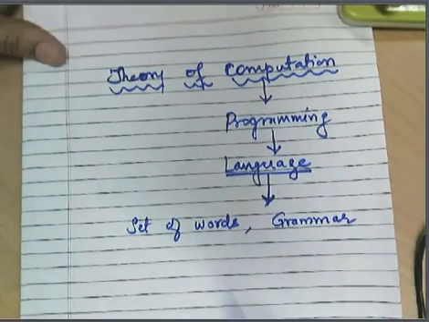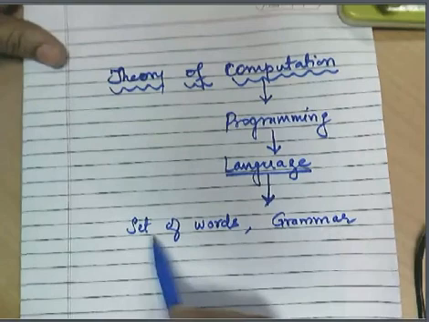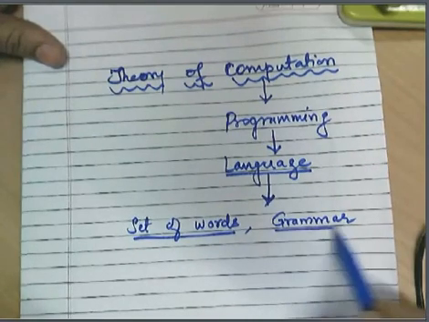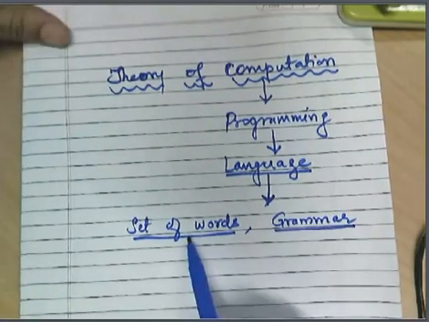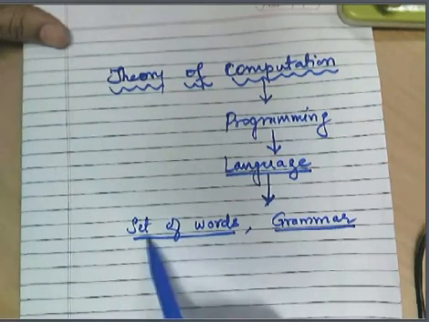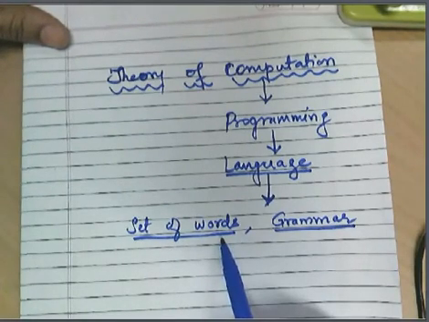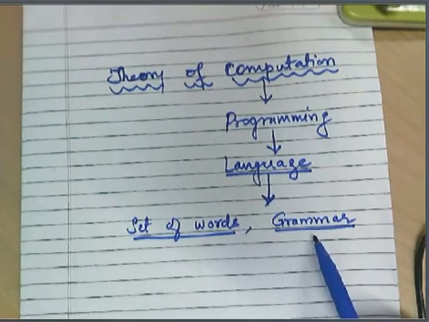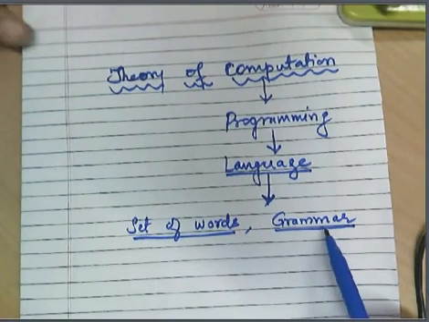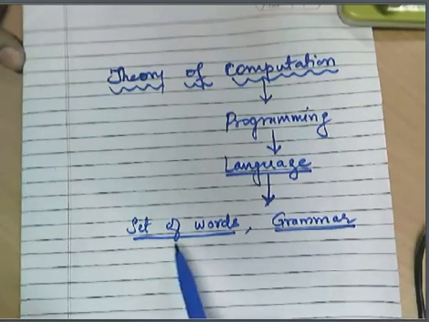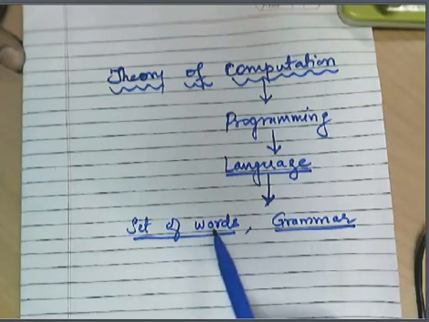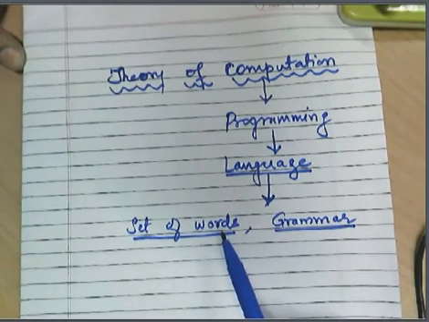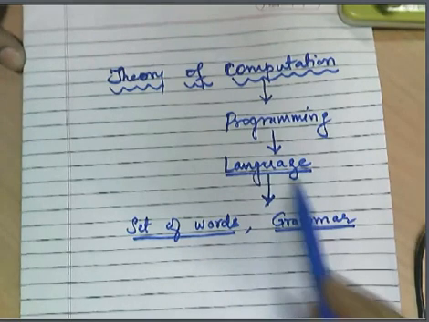Now if I want to relate these two things, if I talk about the Hindi language, is it having its own set of words? Yes. Is the Hindi language having its own grammar? Yes, it is. Similarly, if I take any language which we are using for communication, what is the purpose of language?